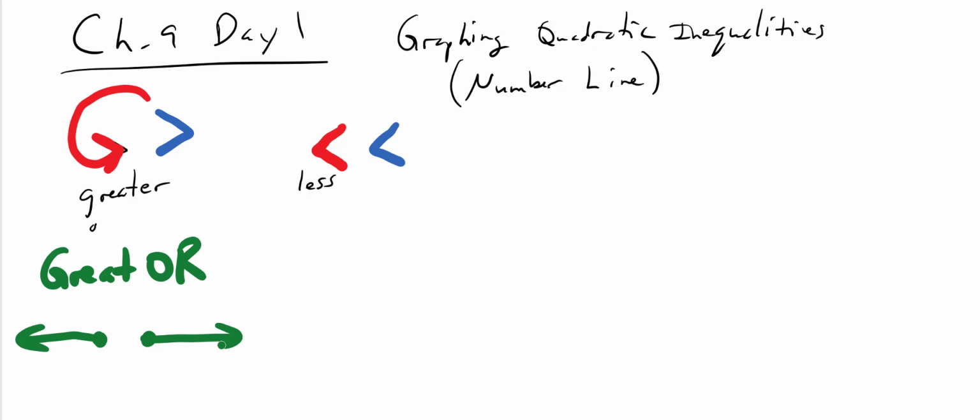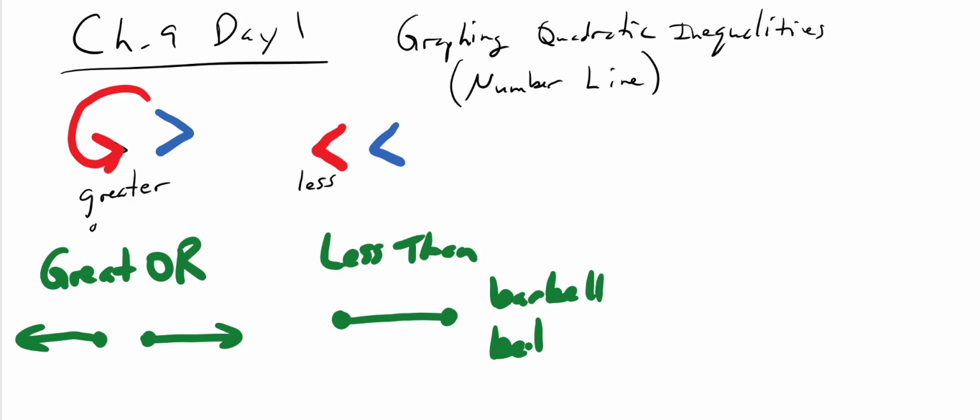So remember great-or. And if it's a less than, that is always a barbell, or if you want to say, it's a between problem. That's an important word too: between. So if it's a less than, it's between, which makes it a barbell. If it's a greater than, it's an or problem, so it points out.